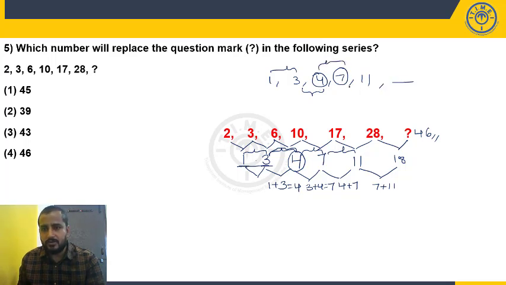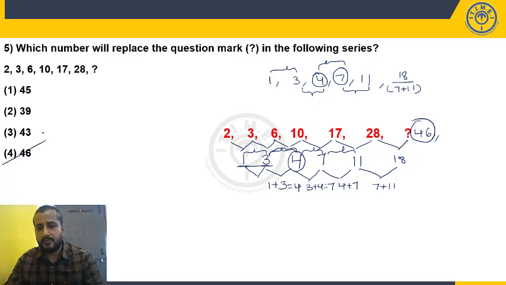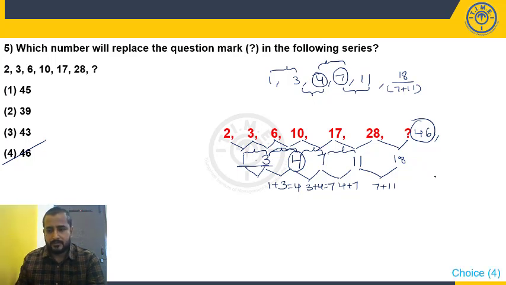So the next number should be the sum of these two, that is 7 plus 11, 18. So the required answer is 46. Choice 4. Fibonacci logic. These are the exact questions which were given in the exam.